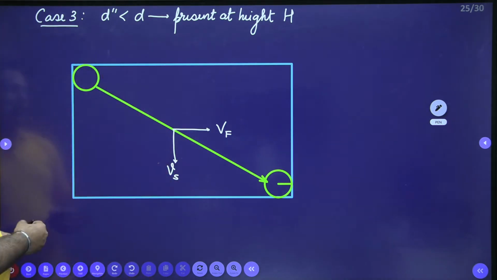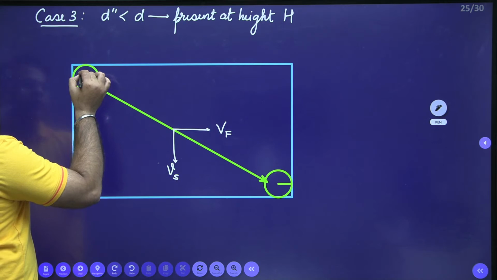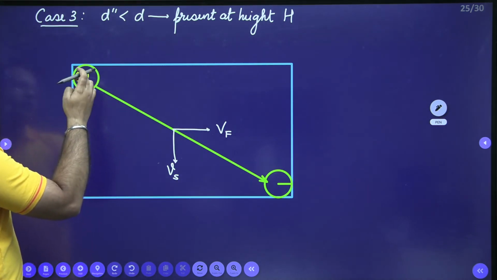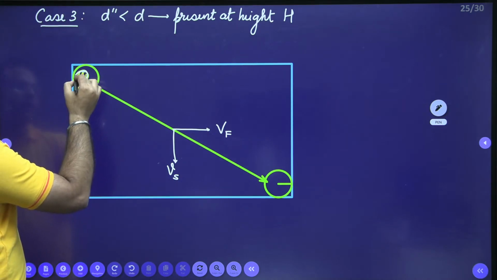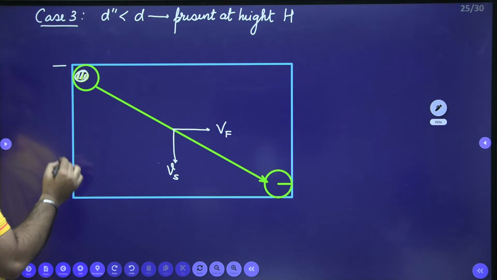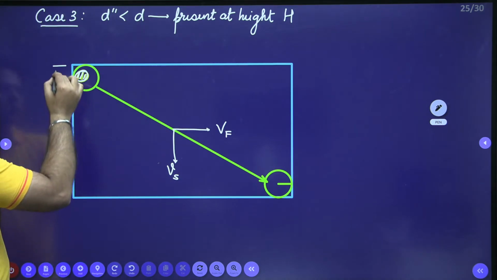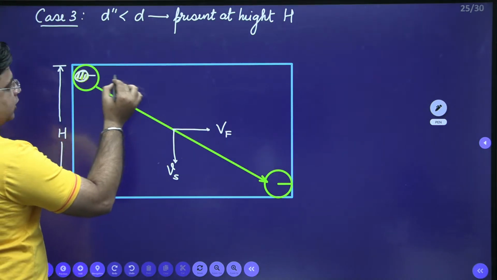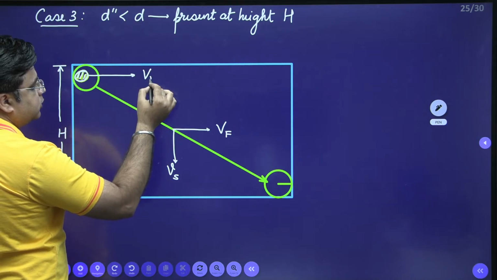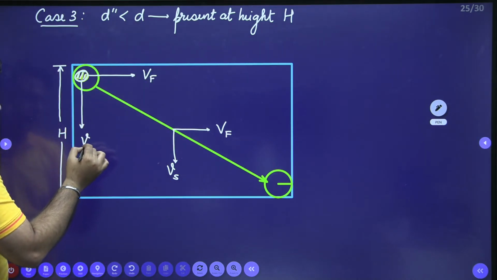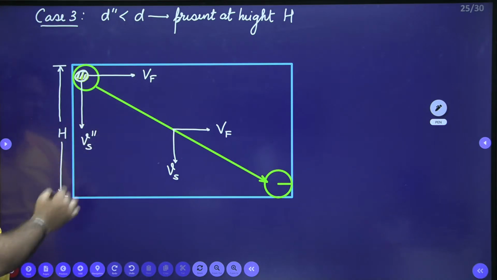Now, if I have a smaller size of particle, which is present at height capital H, for this smaller size of particle the horizontal velocity of flow is Vf and the vertical velocity is Vs double dash.